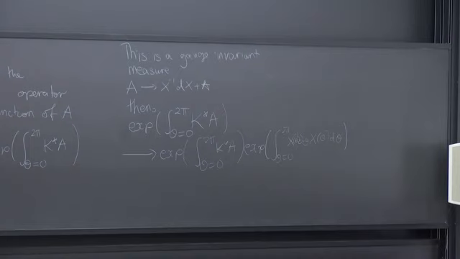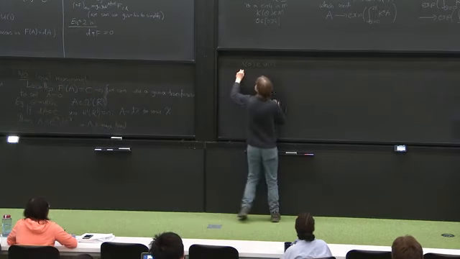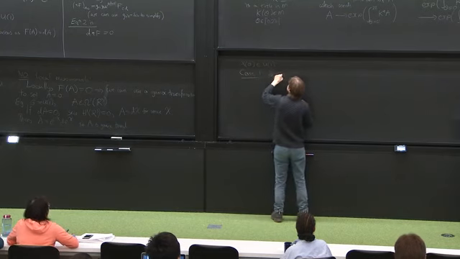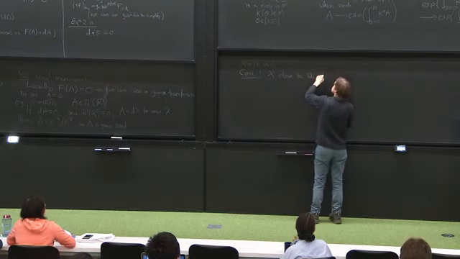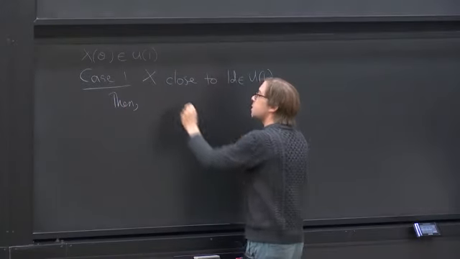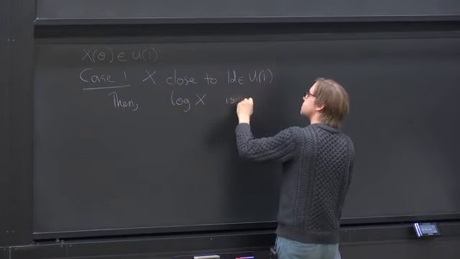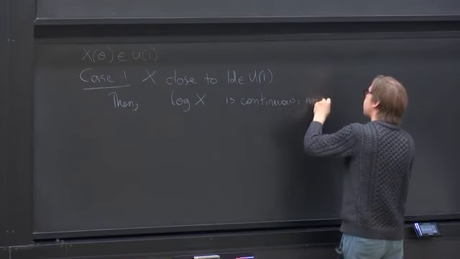So there are two cases to check that this is gauge invariant. The first thing to check is, suppose that x is close to the identity. Well, then the logarithm of x is continuous with no branch cuts.